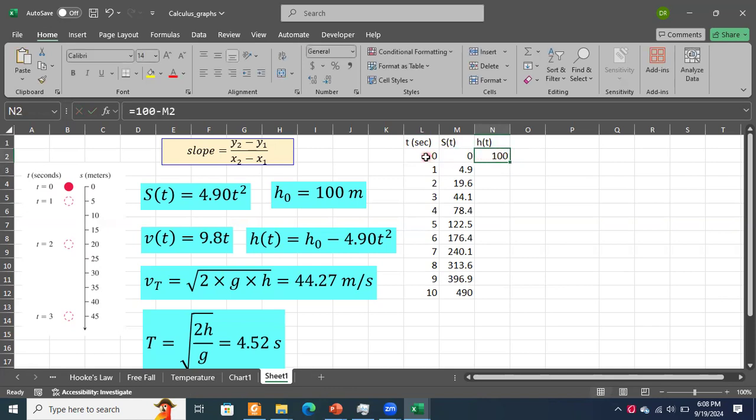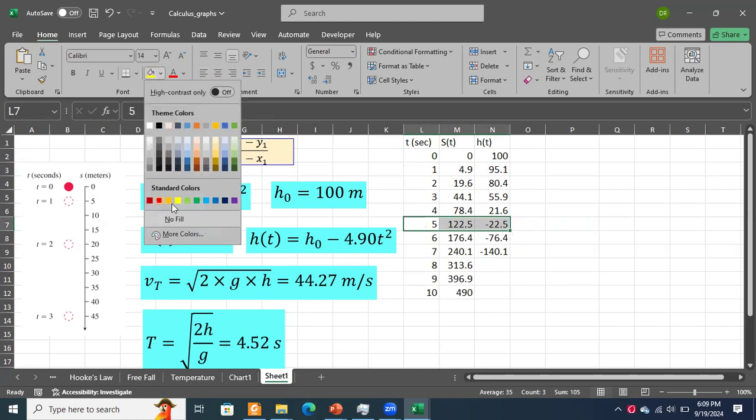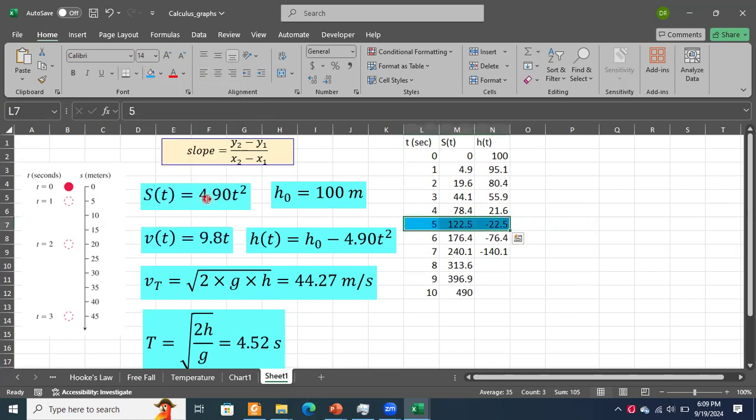So at time t equal to 0, the ball was at a height of 100 meters. And with time, its height is going to decrease. And somewhere before 5 seconds, it is going to hit the ground. So that's the mark where we have to proceed.